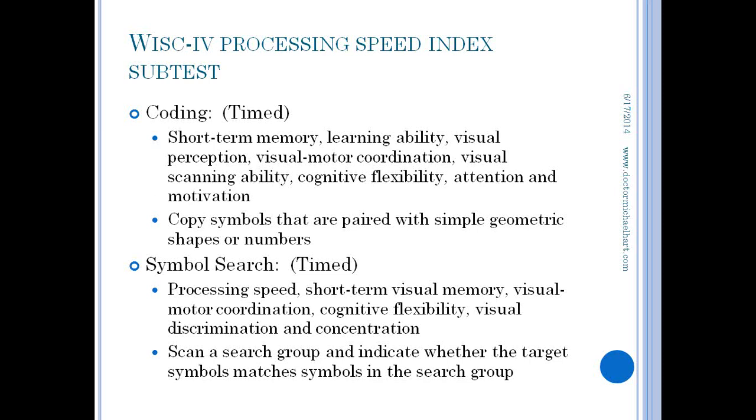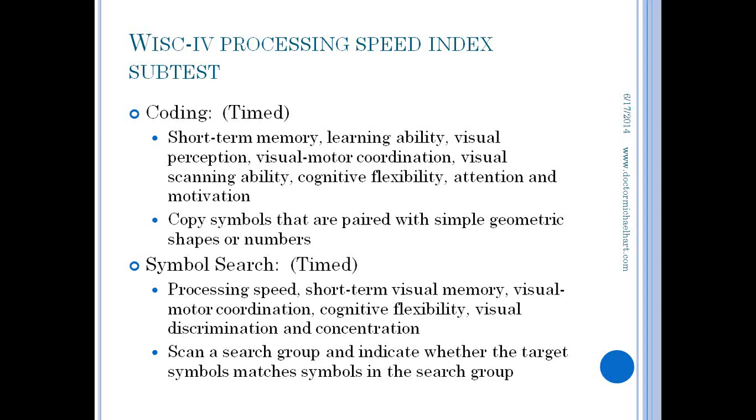And so for our kids, many of whom have poor fine motor or poor visual motor coordination, it really does impact their performance on this task, because it slows them down so much. It's really not a measure of their visual perception or their scanning ability or even their attention or motivation. It's really a function of their fine motor skills. And that was one reason why the processing speed subtest got pulled out of the nonverbal reasoning, because it just didn't make sense.